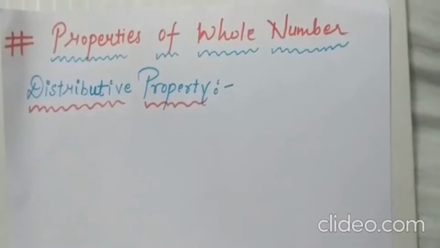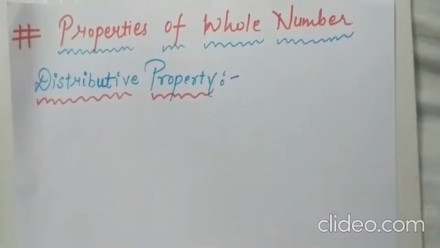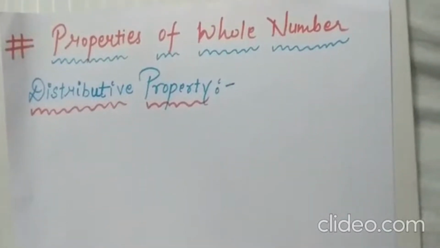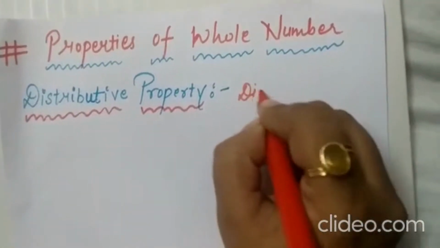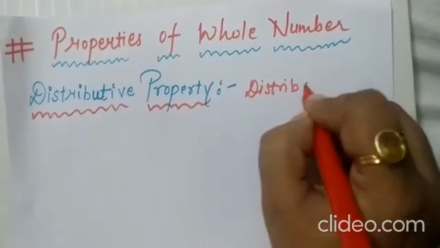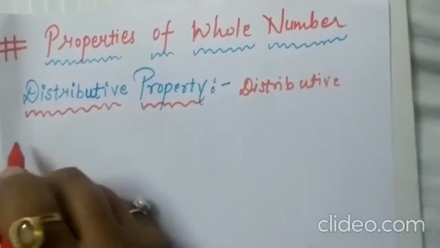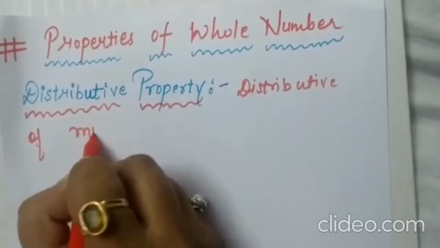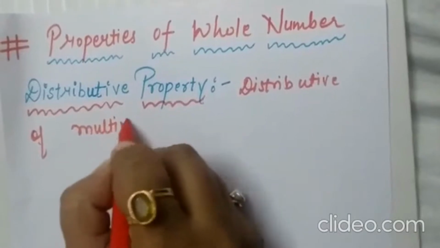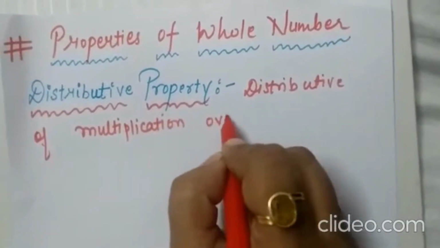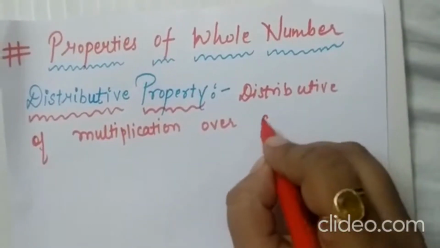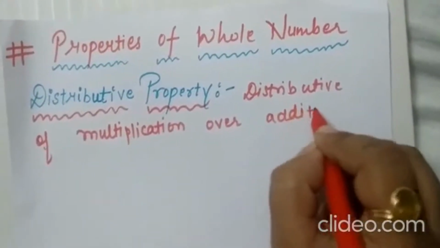Now we'll discuss distributive property. Here distributive property is for multiplication over addition. Here we can take three whole numbers, and the first whole number is multiplied with the other two whole numbers which are in addition.